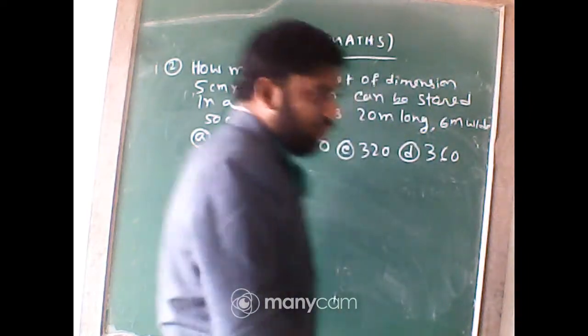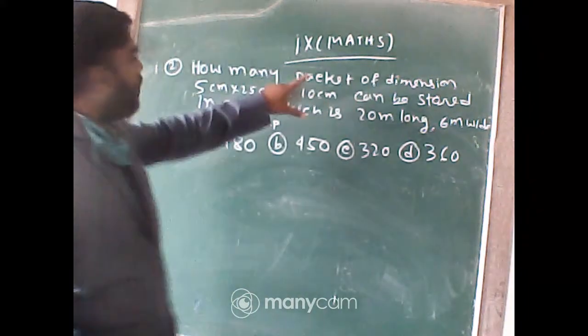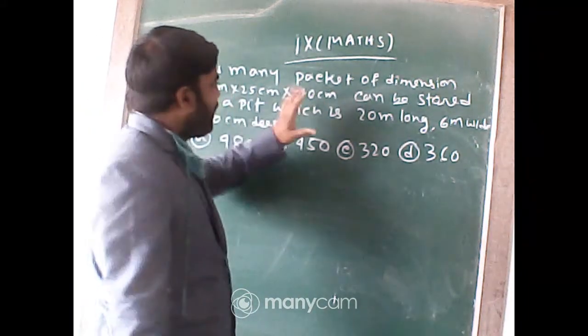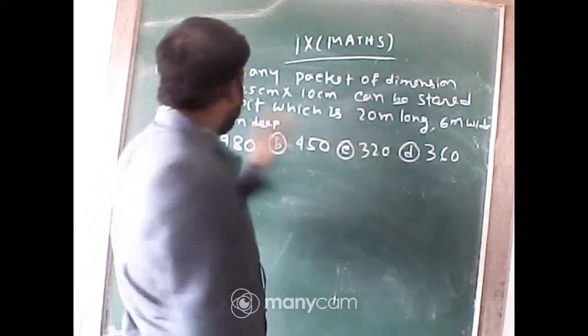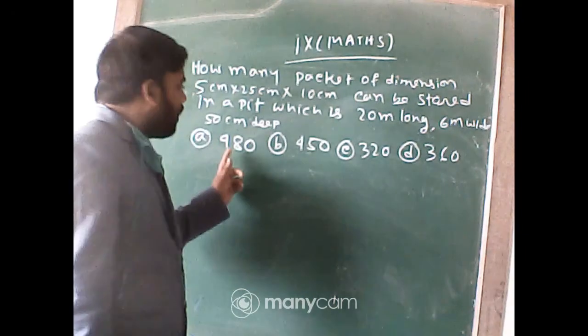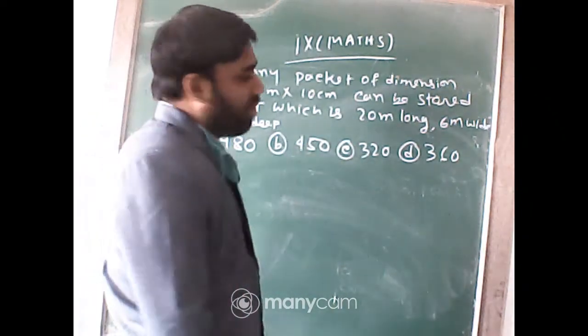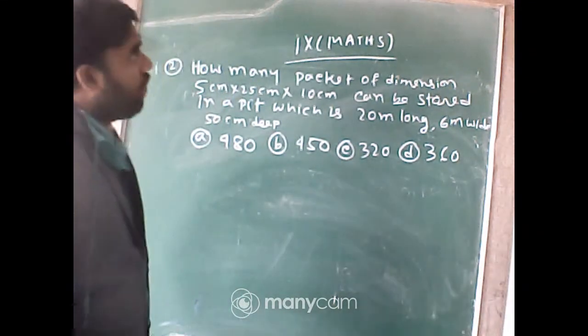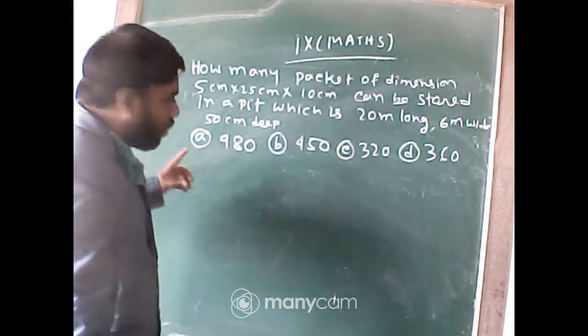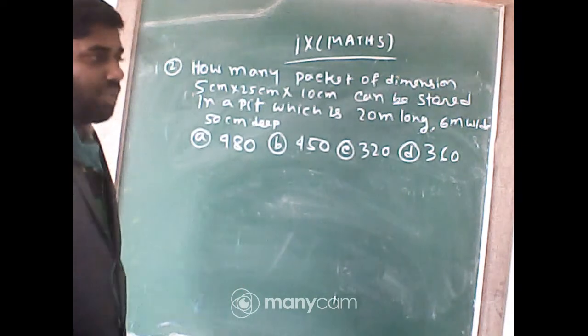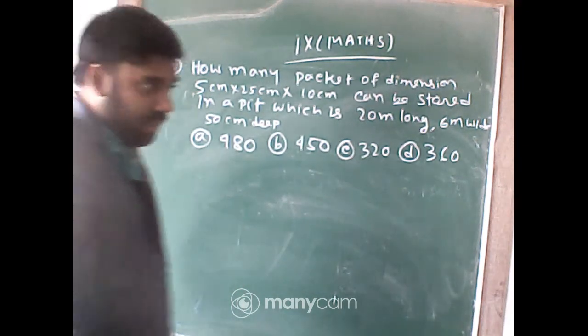Solve it quickly. How many packets of dimension 5 centimeter, 25 centimeter, 10 centimeter can be stored in a pit which is 20 meter long, 6 meter wide, and 50 centimeter deep: 480, 450, 320, or 360. Quickly solve it. Only 2 questions I have solved, and 1 question more I will discuss. 480, Amrita.